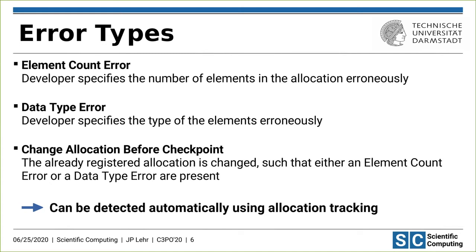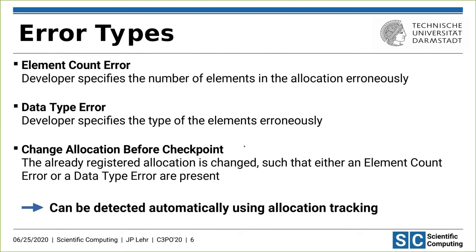The first two I showed examples for in the previous slides, where you compute the wrong number of bytes eventually. The third one here is: consider that you registered an allocation in memory, but then you freed it and then you run the checkpoint routine. So you would actually read memory that has already been freed by the operating system, again leading to potential problems.